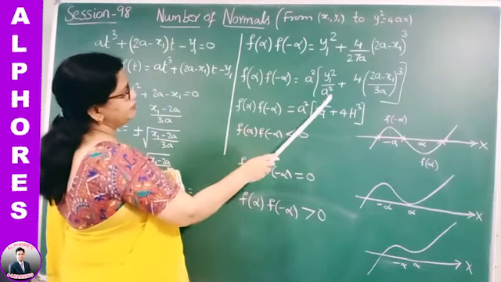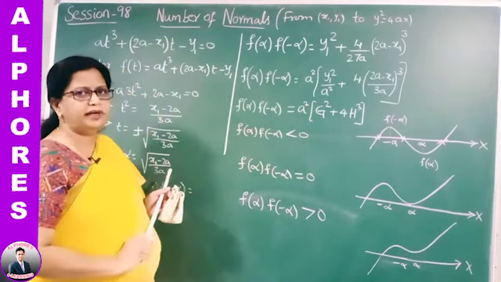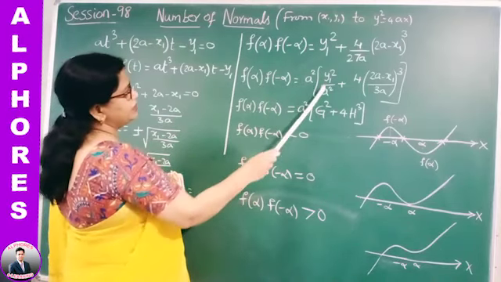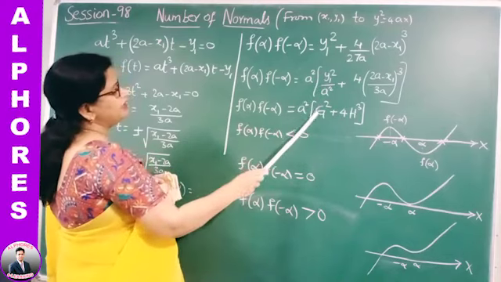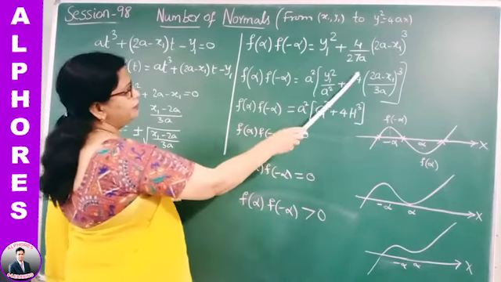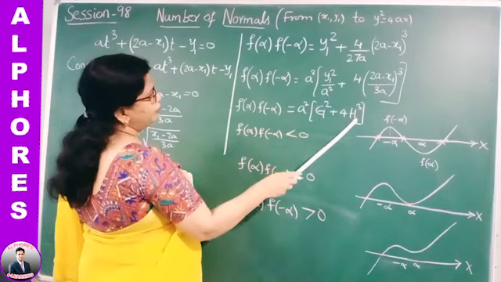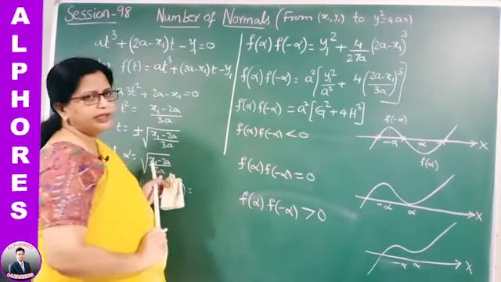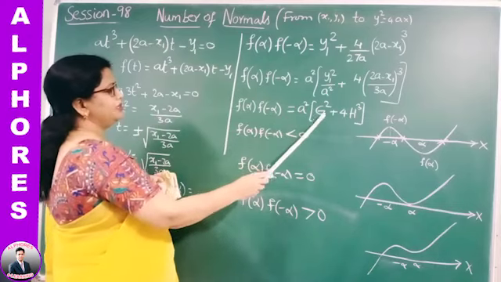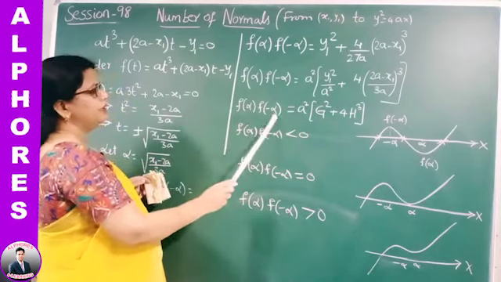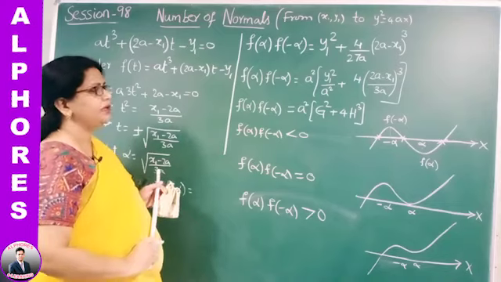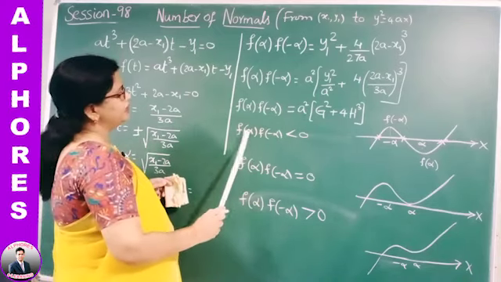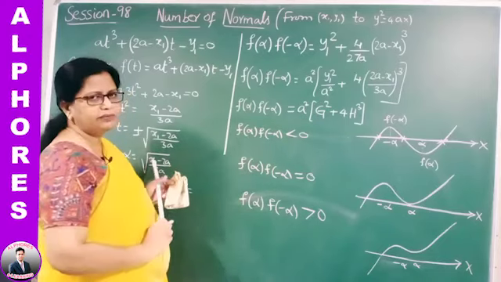This is just for algebra purposes. Then we take this value as g square, meaning y1 square by a square, and 4 times this is 4h cube. If you write it this way, a square into g square plus 4h cube is our f alpha into f of minus alpha. Of course a square is positive, and that implies f alpha into f minus alpha less than 0.